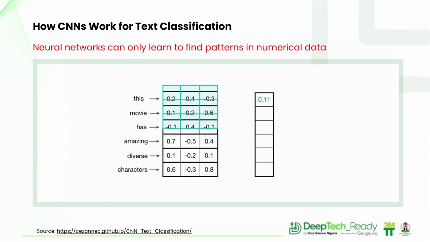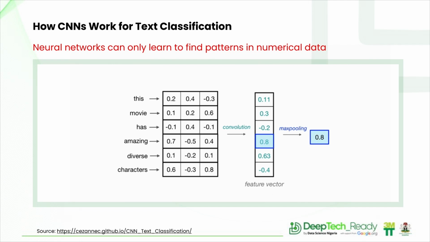Neural networks are inherently designed to process numerical data, not raw text. Therefore, before feeding text data such as a review into a neural network, we must first convert each and every word into a numerical representation.